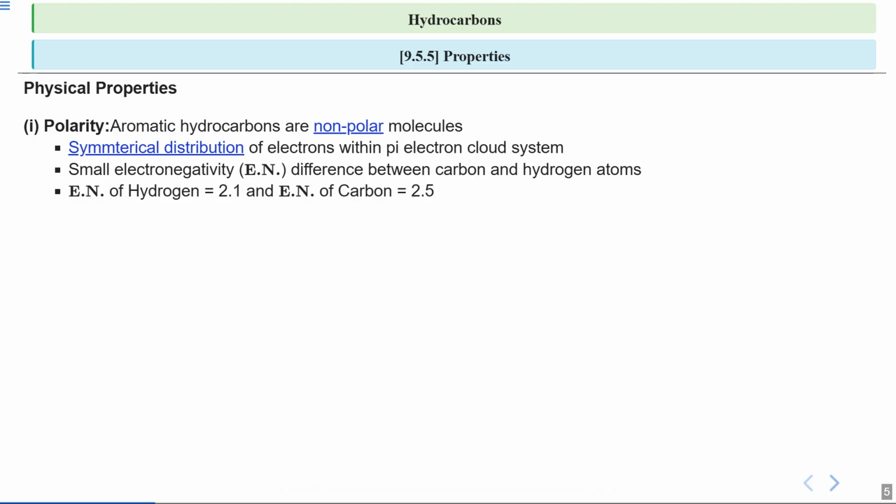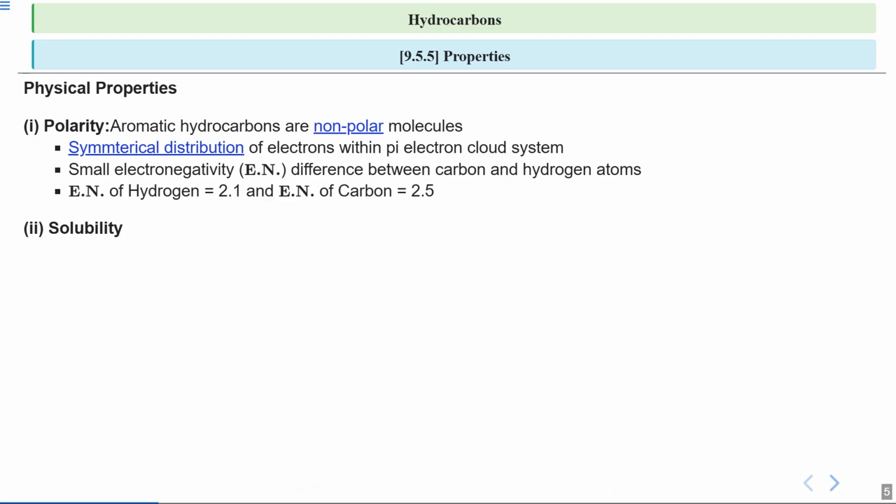The specific values are: hydrogen's electronegativity is 2.1 and carbon is 2.5. Since the difference is only 0.4, it is not enough to create a significant dipole or separation of charge. This is why aromatic compounds don't mix well with polar substances like water.